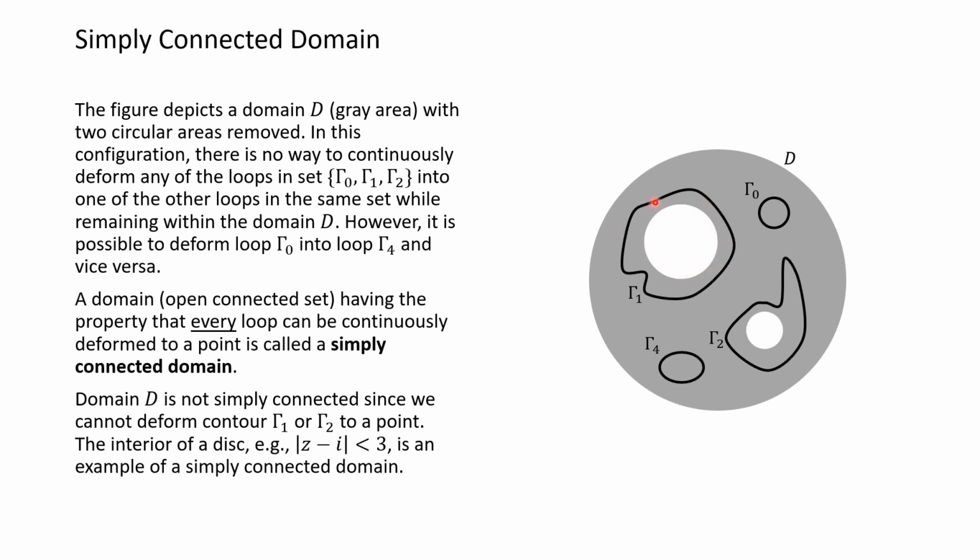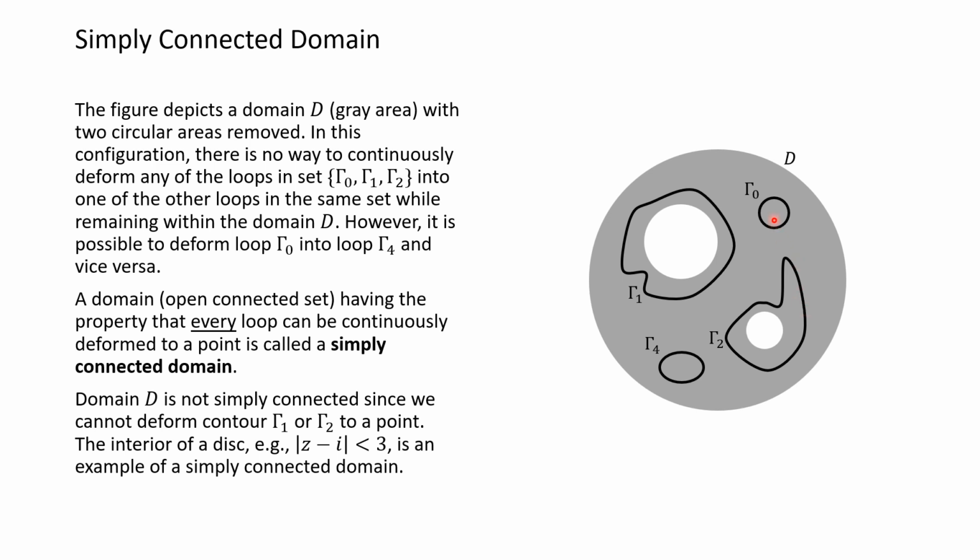If you think of this as a rubber band and the hole is something you're not able to cross over, then there's no way of getting from gamma sub 1 to gamma sub 0. The same problem arises between gamma sub 0 and gamma sub 2, and between gamma sub 1 and gamma sub 2. They're all not deformable into each other.